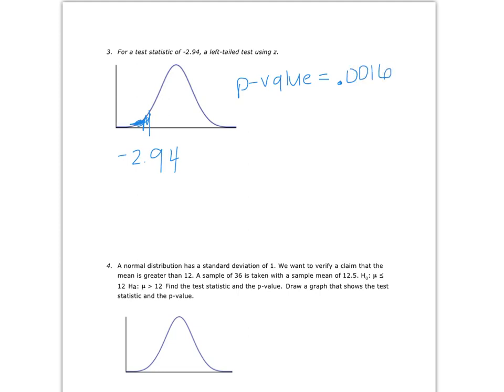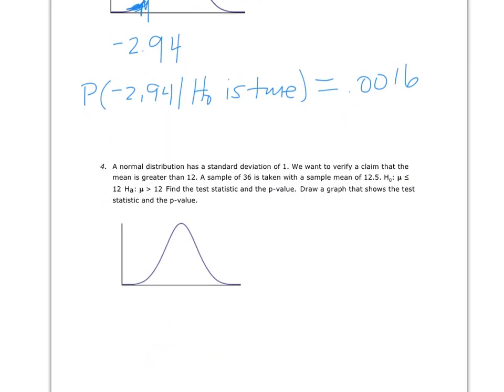So the probability that we get the test statistic of negative 2.94 given the null hypothesis is true is equal to 0.0016, if we want to put that in terms of the probability statement.